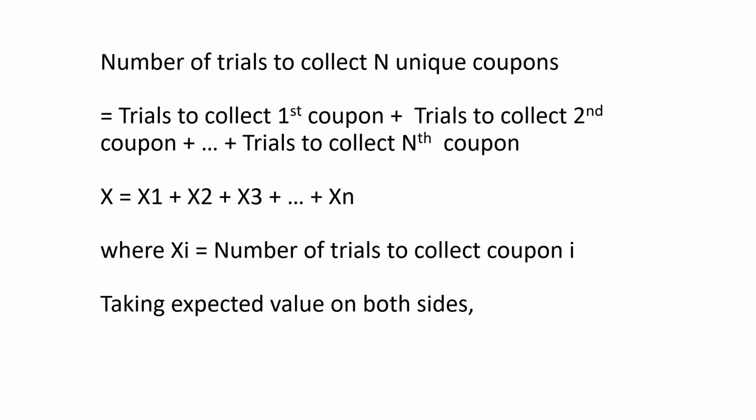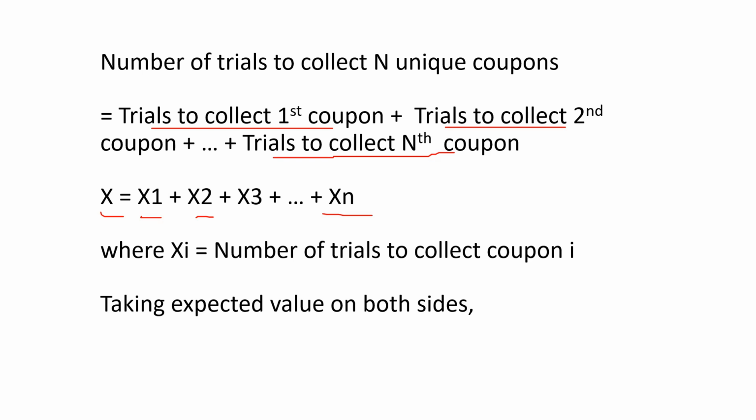We can write this in terms of our random variables. The number of trials to collect n unique coupons is x, the number of trials to collect the first unique coupon is x1, trials to collect the second coupon is x2, and similarly, trials to collect the nth coupon is xn.